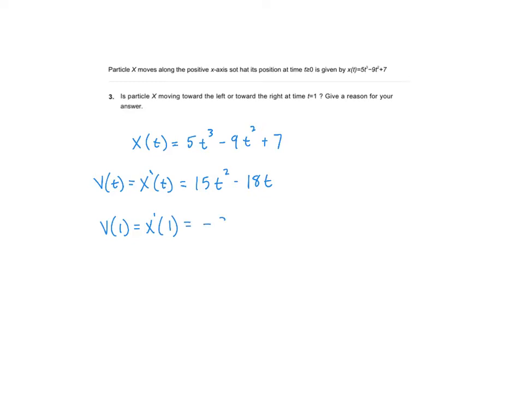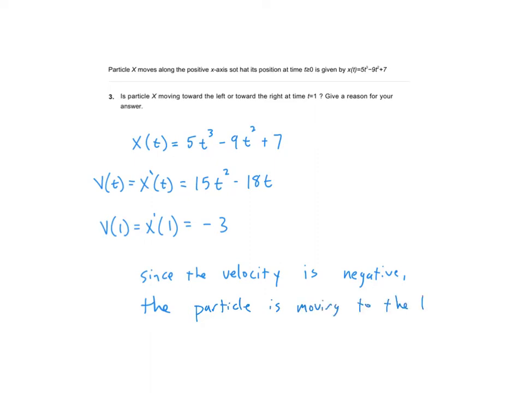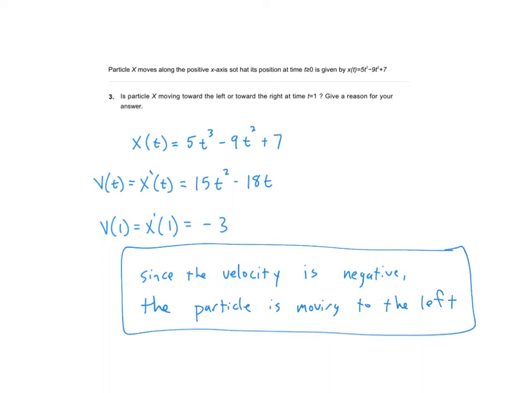And this is -3. Okay, so that means since the velocity is negative, the particle is moving to the left. That's it.